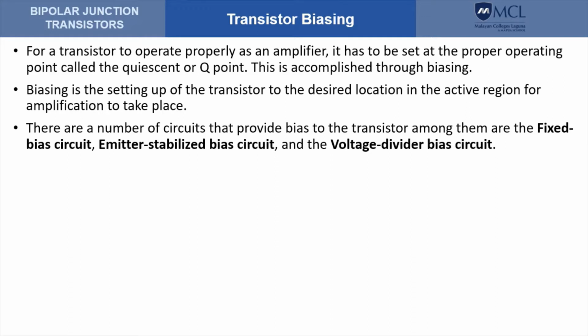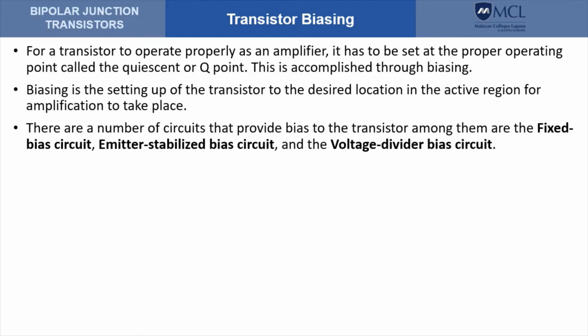Biasing is the setting up of the transistor to its desired location in the active region in order for amplification to function properly.